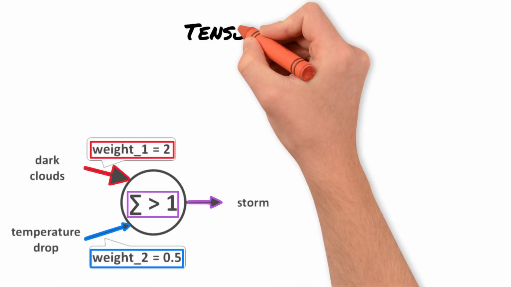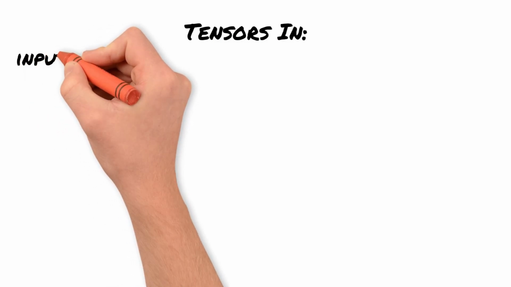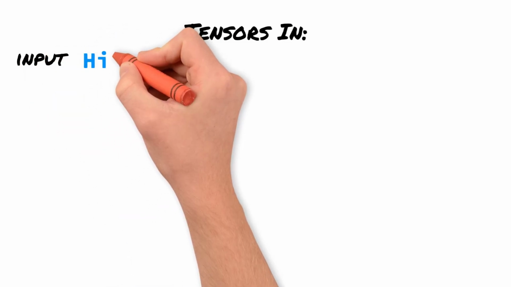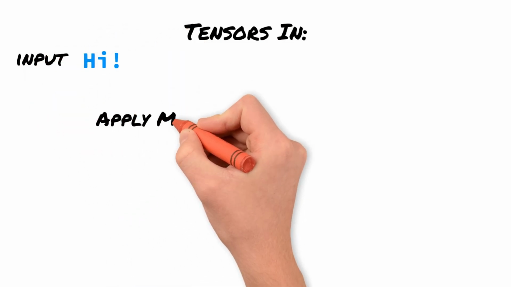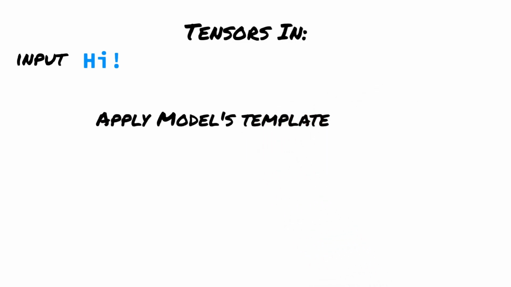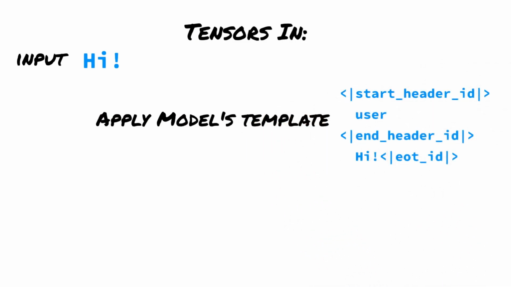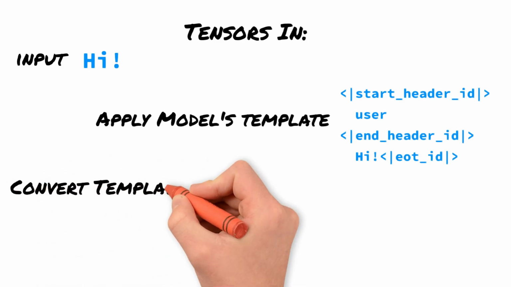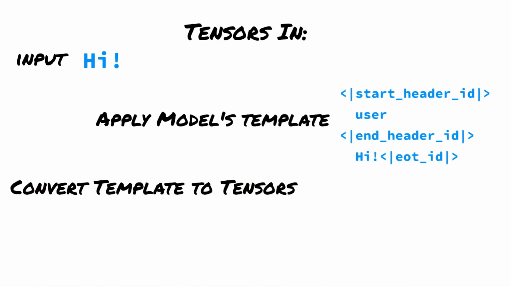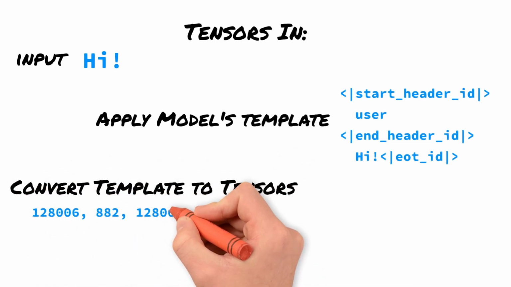Keeping in mind the simple neural network example, take an input, maybe we can say hi, then let's apply a model's template. In this case, it might look something like this, where we have special tokens. And then let's convert this template into a tensor input.